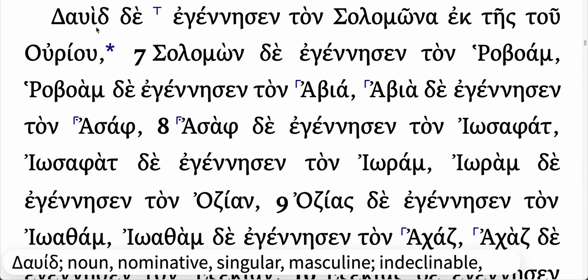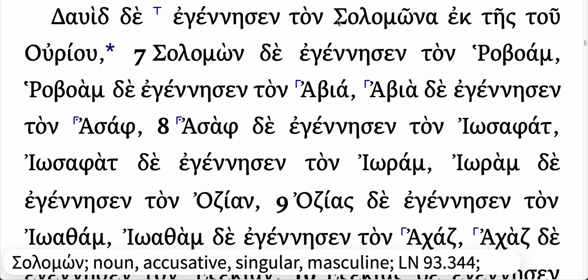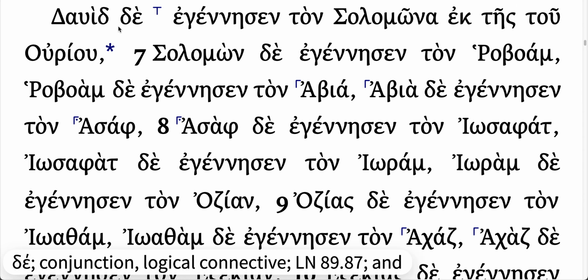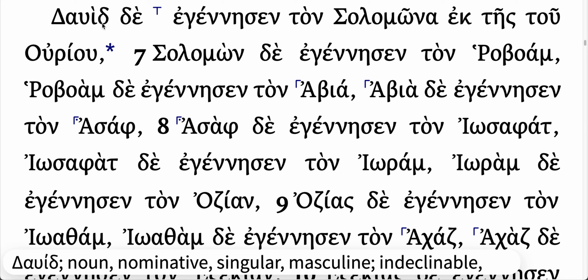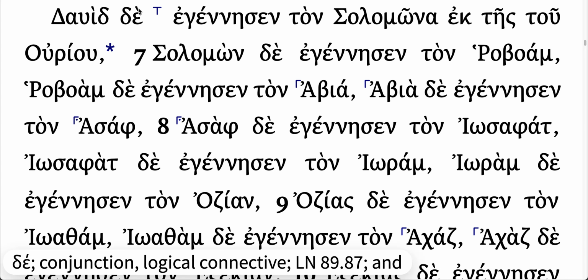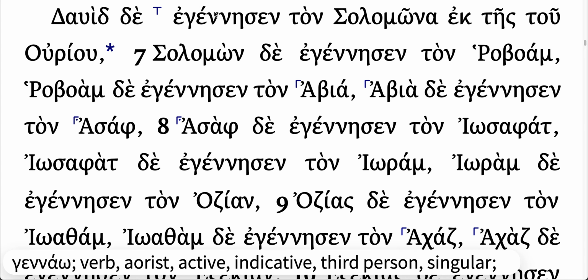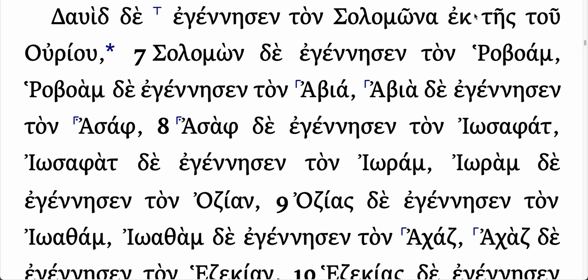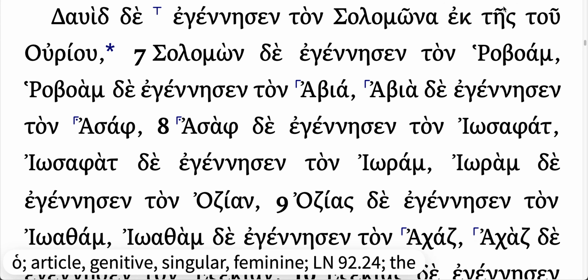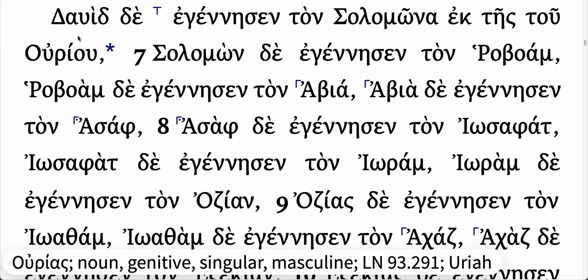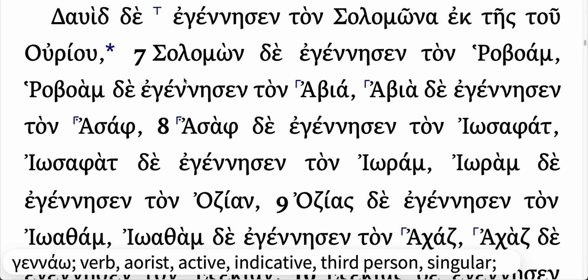Notice we have capital letters because they're the names of people. But notice there is a grave accent, acute accent, rough or smooth breathing, grave accent, circumflex accent, smooth breathing, circumflex, smooth breathing. There's a diphthong. It shows up on the second vowel of the diphthong. There's an acute accent mark.